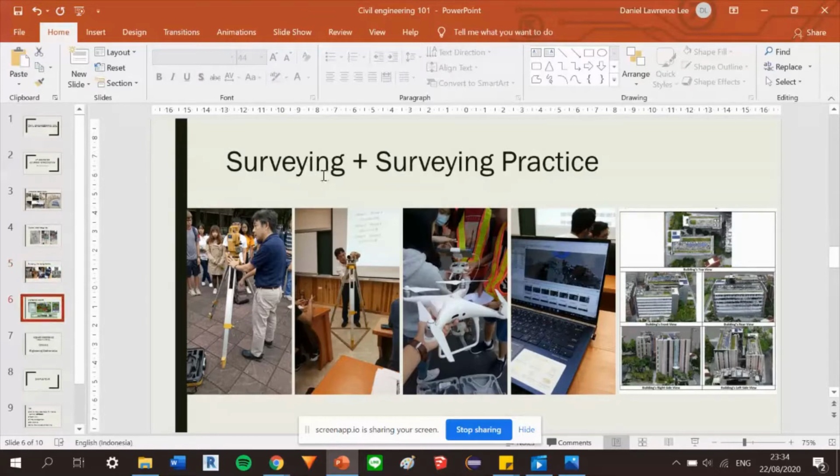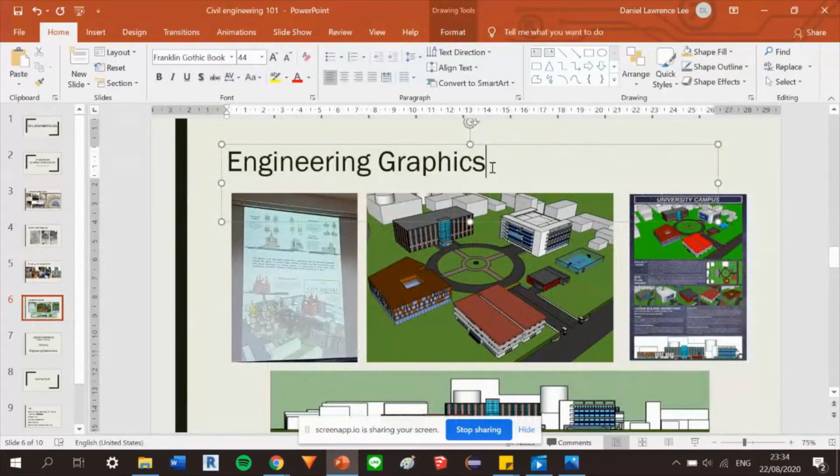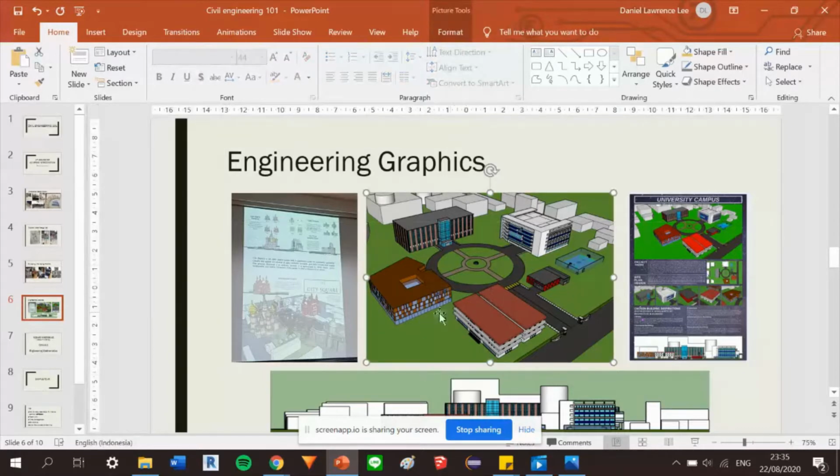And then the next one is Engineering Graphics. It's actually very important because as a civil engineer, you need to get used to using several applications that can make your life easier. Basically you'll use two applications. The first one is called AutoCAD, and the second one is SketchUp. It will make it a lot easier for you to design buildings and stuff like that.